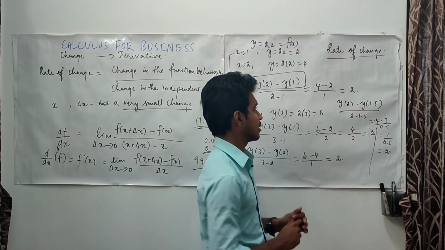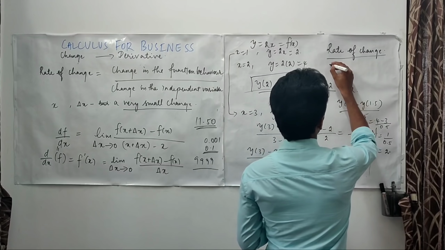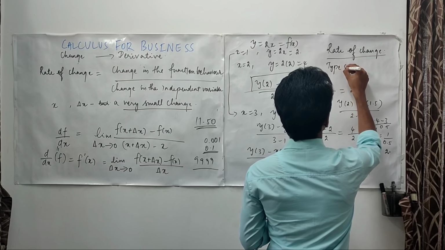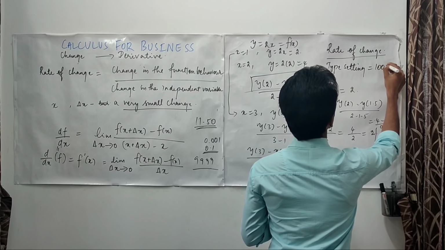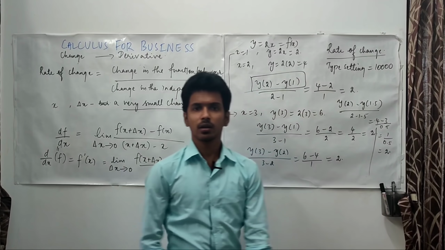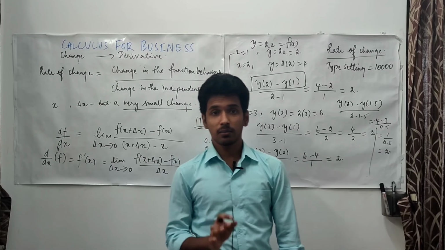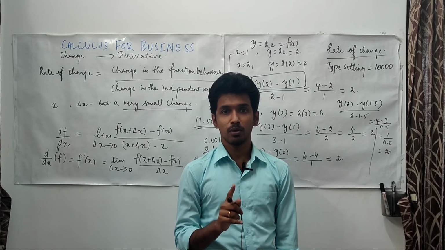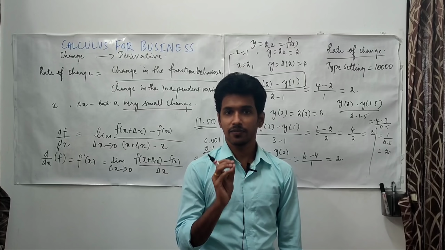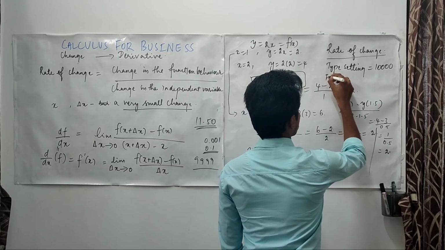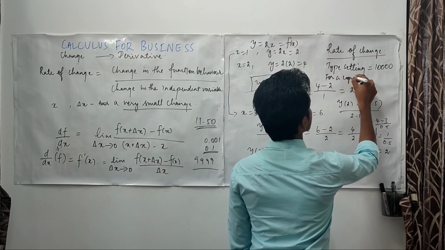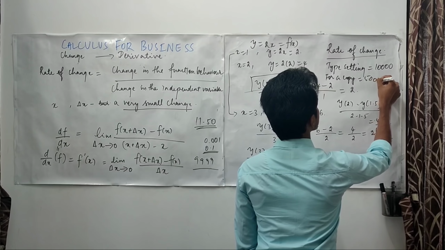So let us say the typesetting charge is fixed, going to be 10,000. Now you are telling me that for each copy of a book you will charge me 5,000. For a copy it is 5,000.